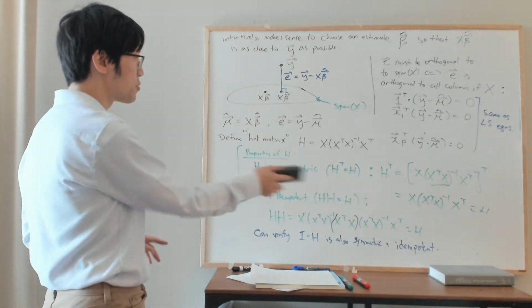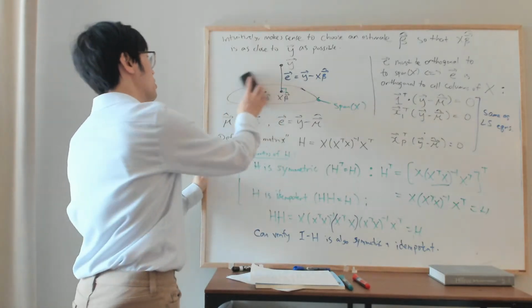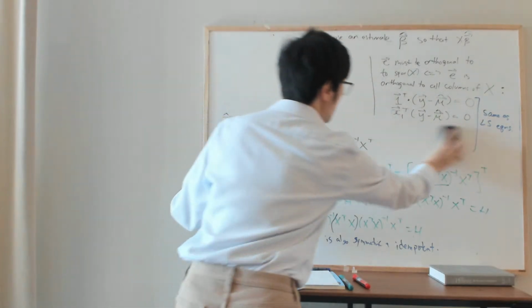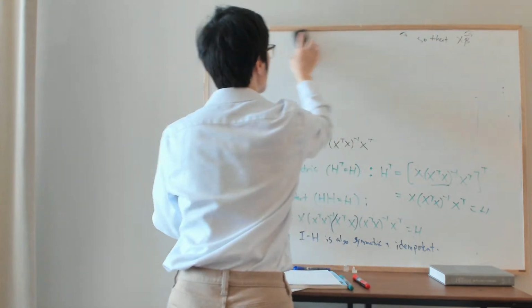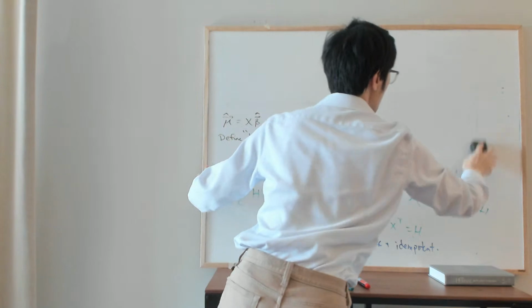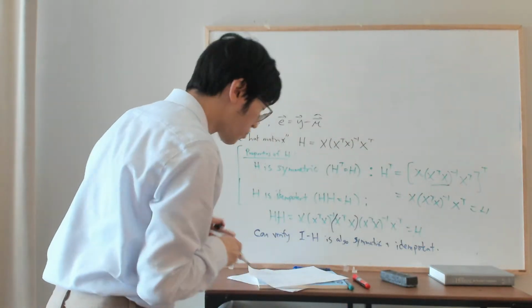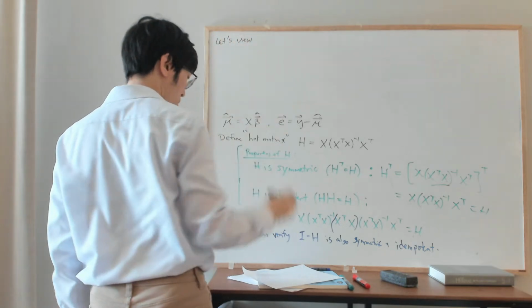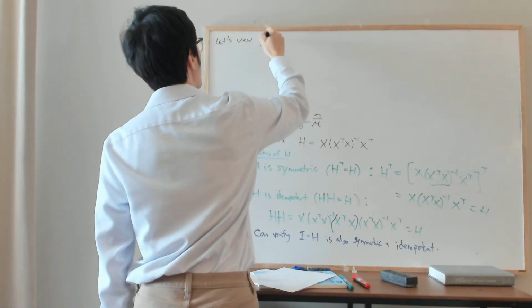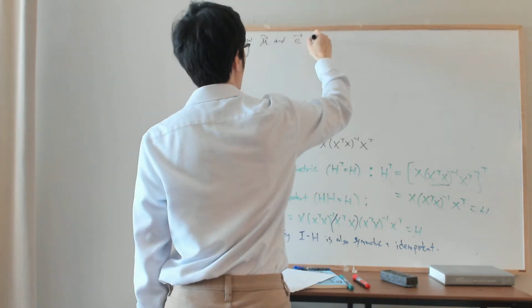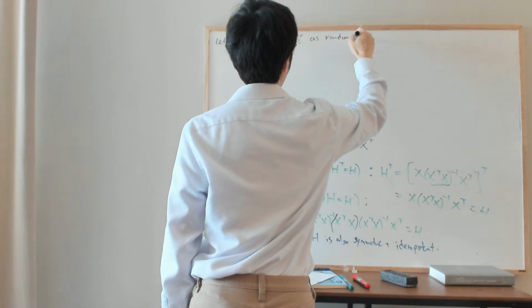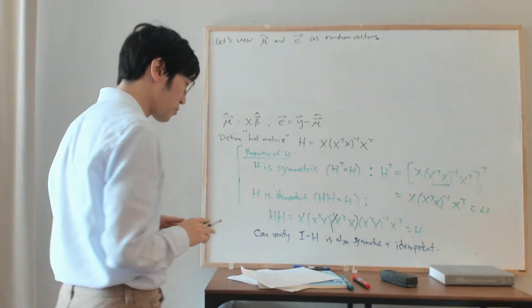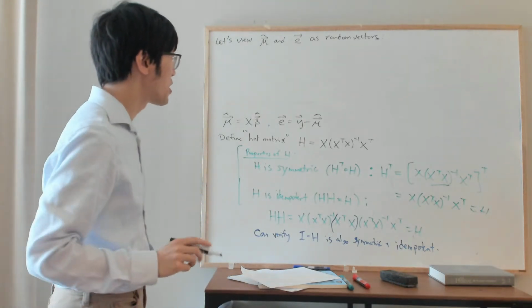I'm going to use these facts and derive the corresponding estimators, viewing mu hat and the residuals as random vectors. So what can we say about them as random vectors?